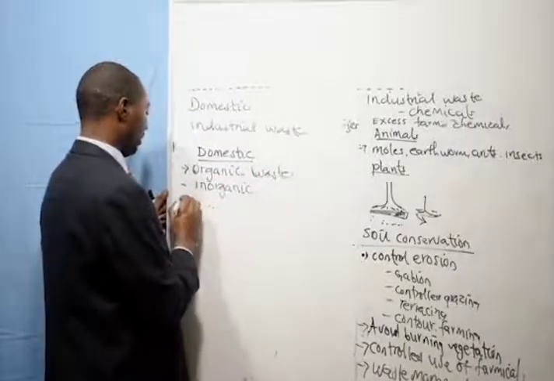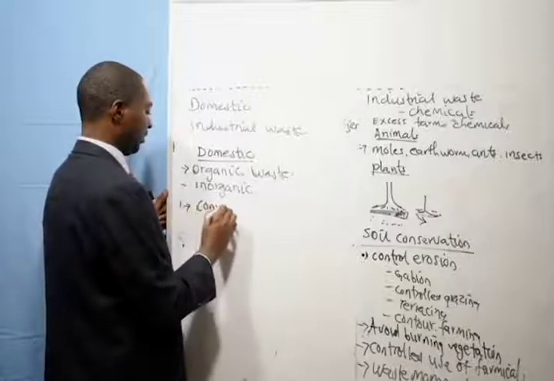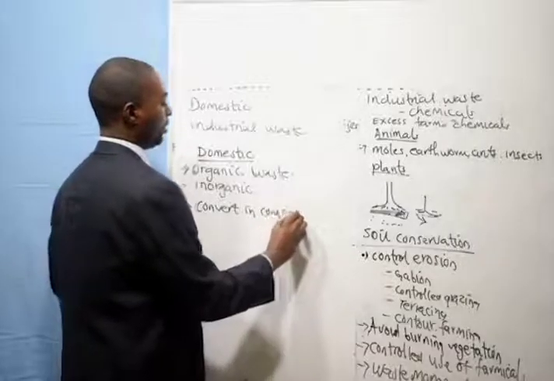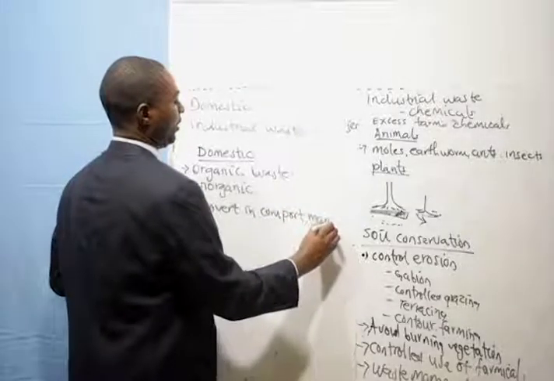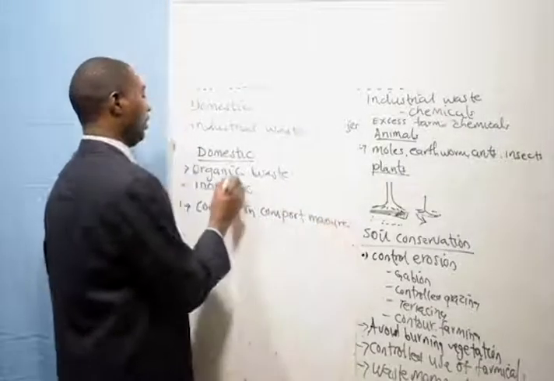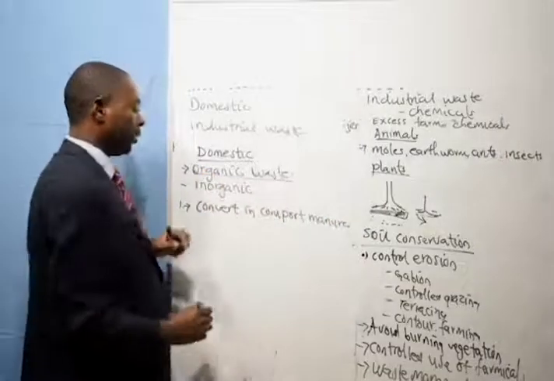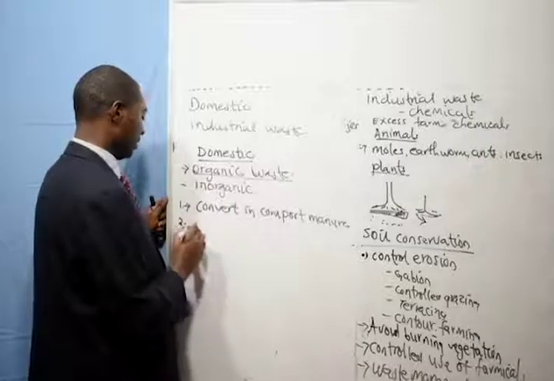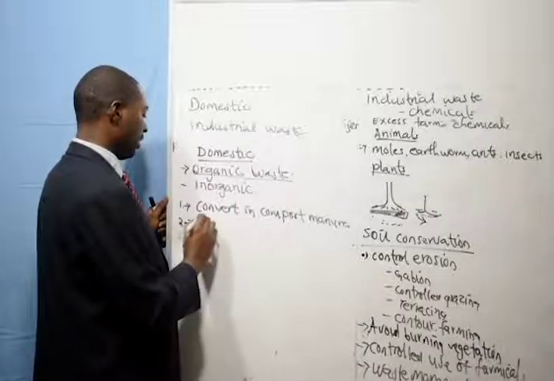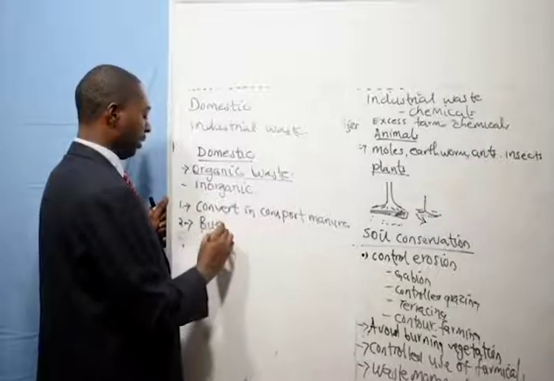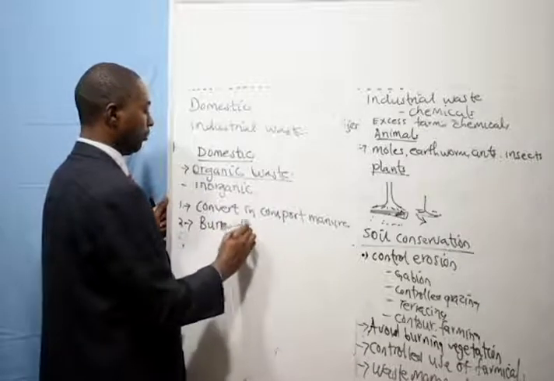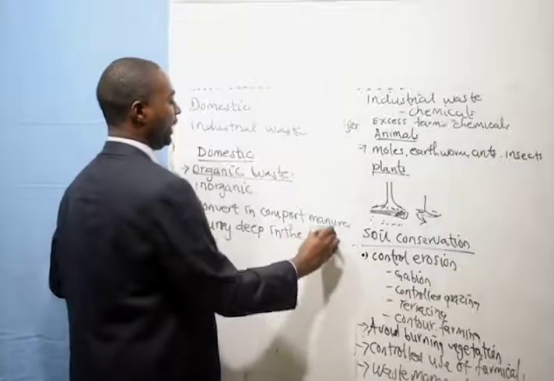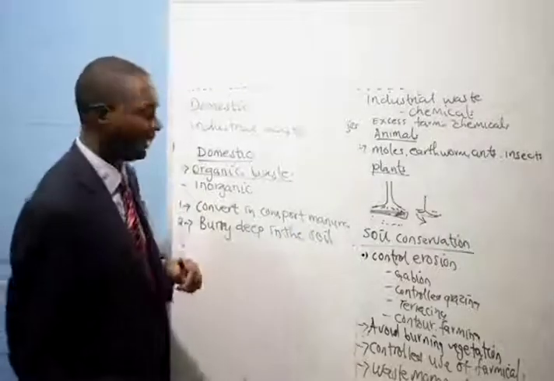Number one, convert it into compost manure. You have utilized the organic waste. For the inorganic waste, you can, number one, bury it deep in the soil, or put it in a deep pit latrine.